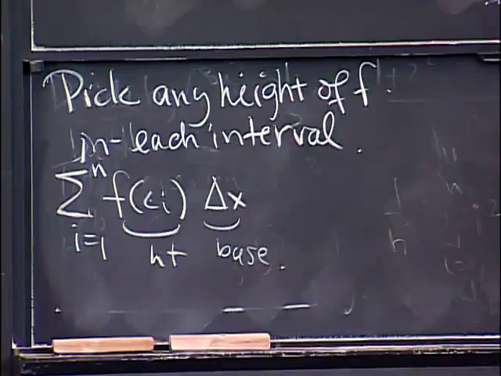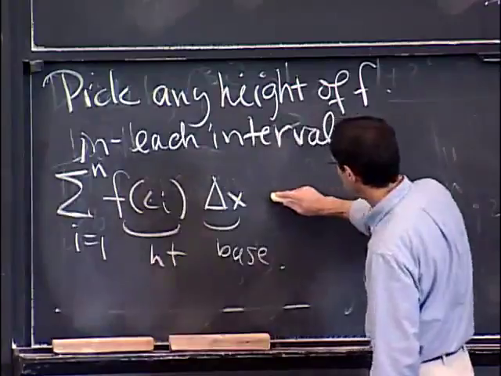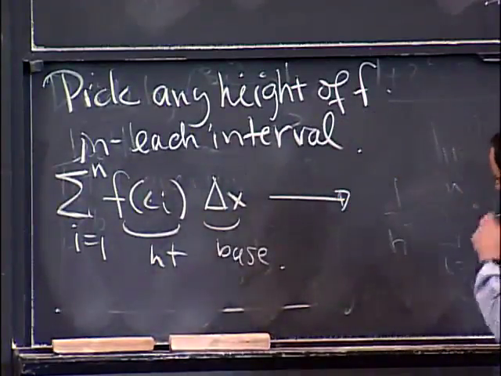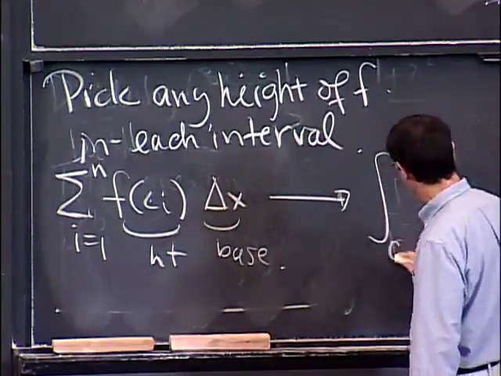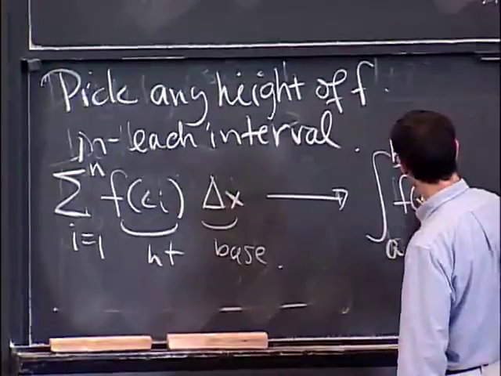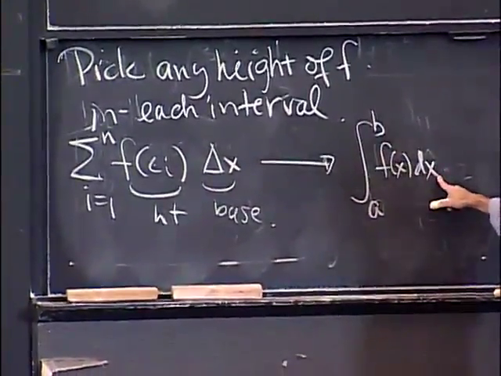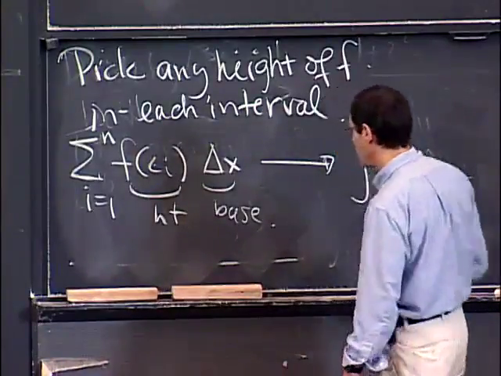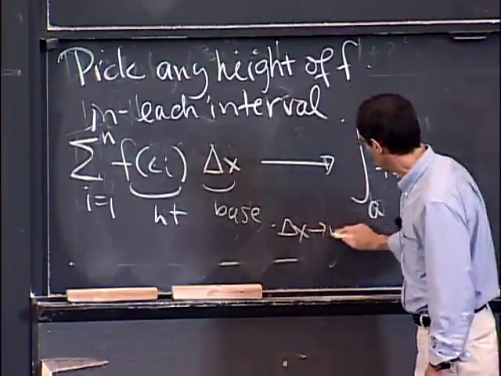This notation is supposed to be now very suggestive of the notation that Leibniz used, which is that in the limit, this becomes an integral from a to b of f of x dx. And notice that the delta x gets replaced by a dx. So this is what happens in the limit as the rectangles get thin. So that's as delta x goes to 0.